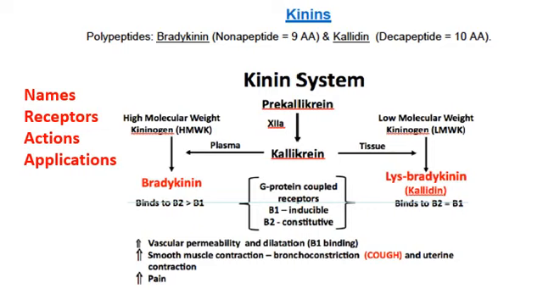طيب يشتغلوا على ايه بقى الكاينينز دي؟ البراديكاينين والكاليدين دول يشتغلوا على بي ريسبتورز. وهنا الحقيقه انا سعيده جدا ان احنا نوصل للنقطه دي، لان a lot of people they write B and they mean beta. The receptors in the sympathetic nervous system of the autonomic nervous system, they are not called B, they are called beta.